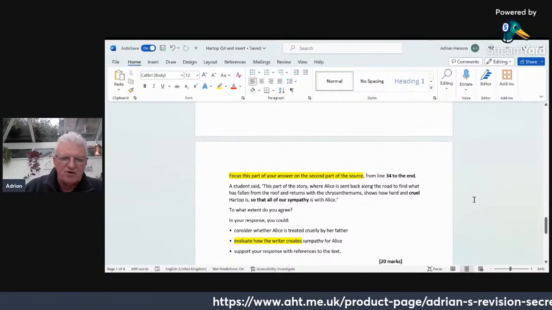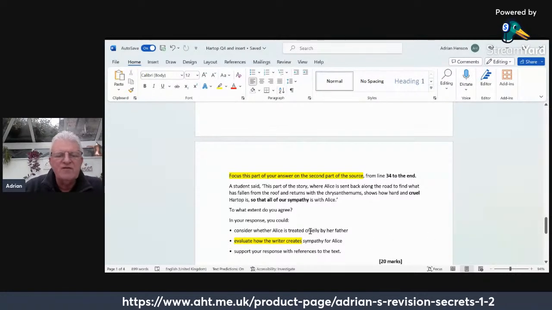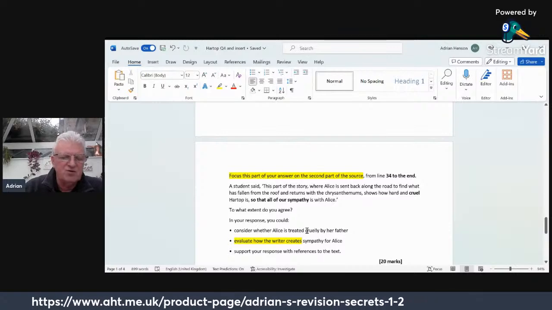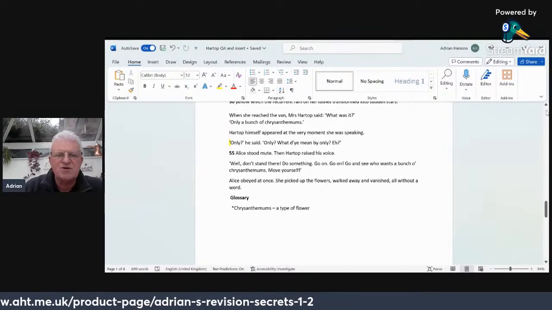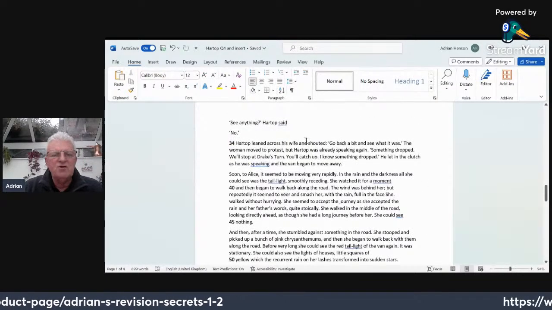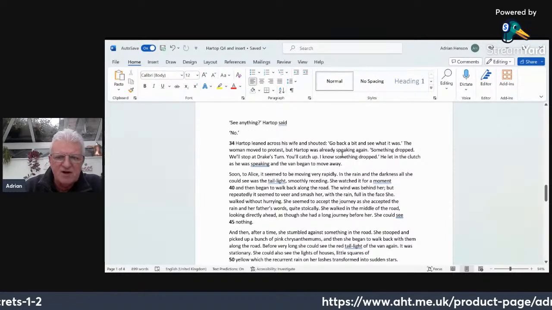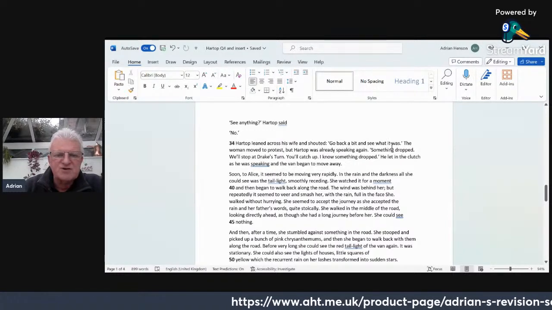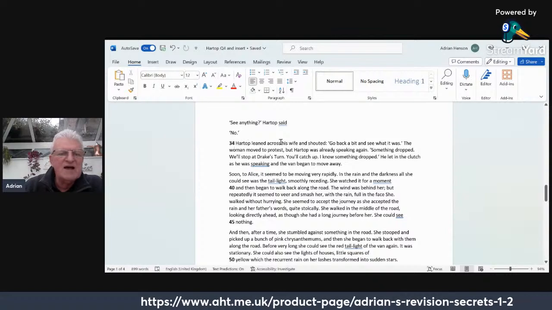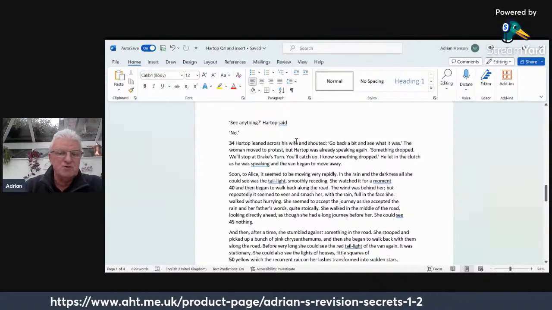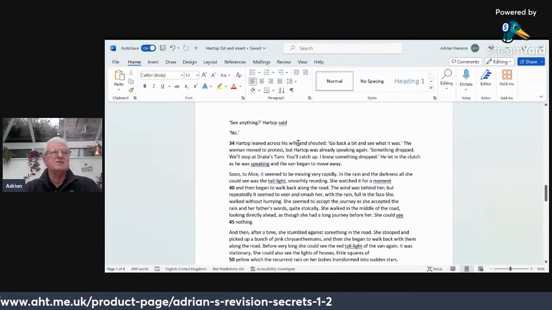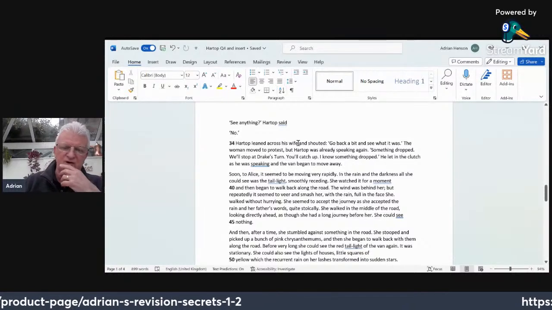So if we look at, do we think Hartop is cruel? Let's try and find the evidence. So we go back and we look at the text. "Hartop leaned across his wife and shouted, go back and see what it was." Now, all he's done there is lean across his wife, which is rude and disrespectful, but then he is a man and he probably thinks he can do what he wants.